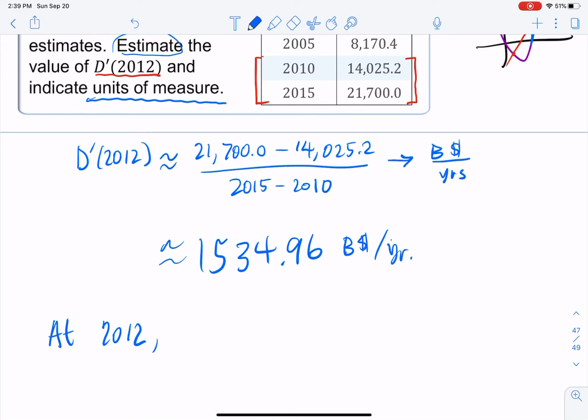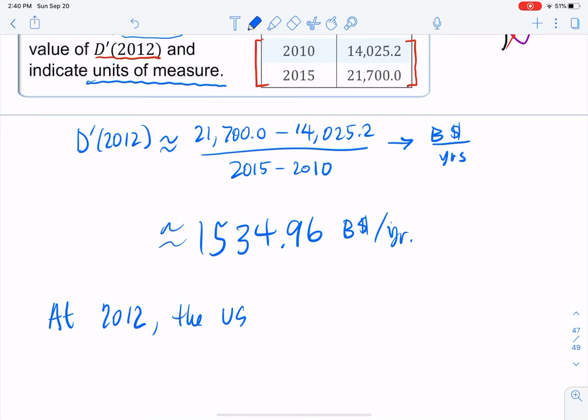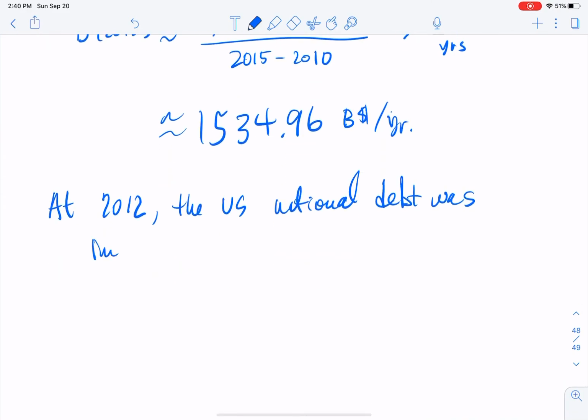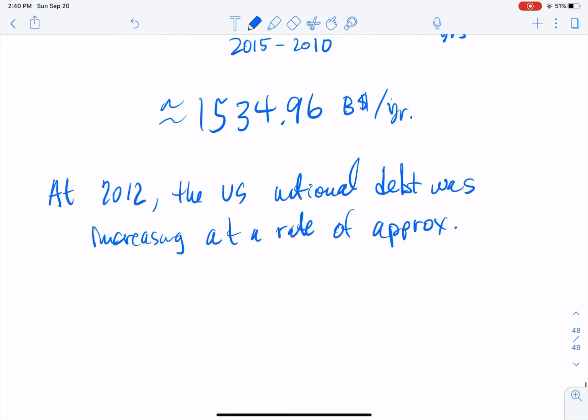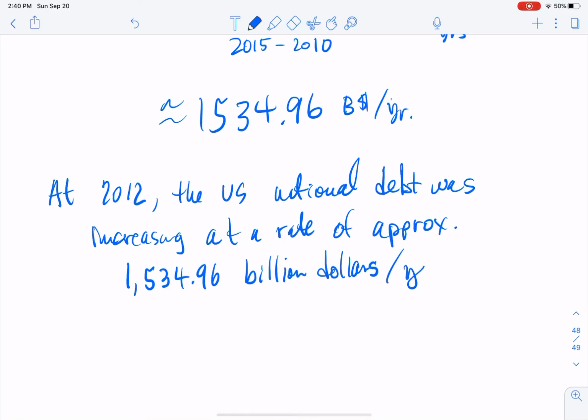Specifically at 2012, the U.S. national debt was increasing at a rate of approximately, and I'm throwing that word in there because we used a secant line to approximate this, $1,534.96 billion per day, per minute, per second, per year.